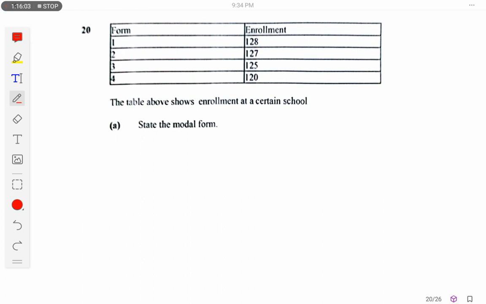Okay, so they're asking, what is the model form? Model form, we are just saying the class that has more students. You find out the form is form 1. Okay, that's the model form. This one, it is 128 there. Okay, let's move on.